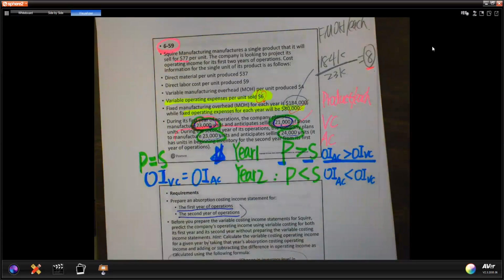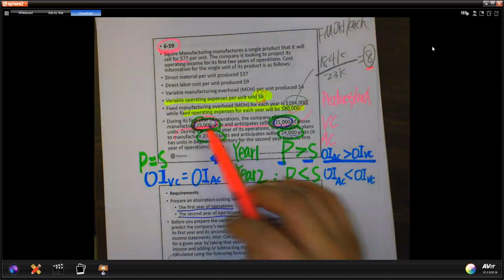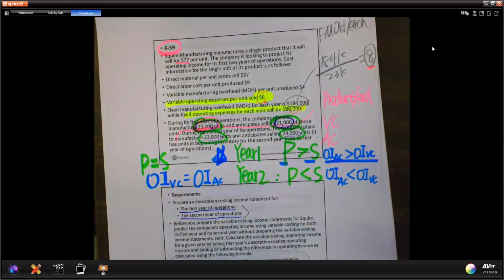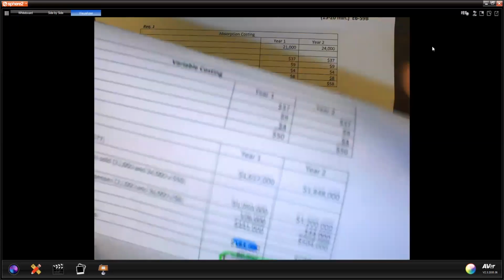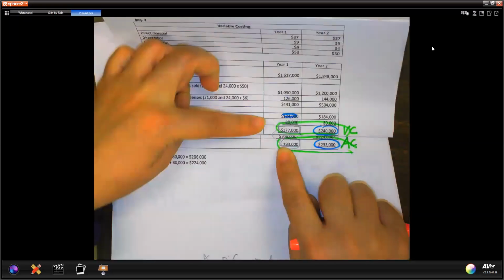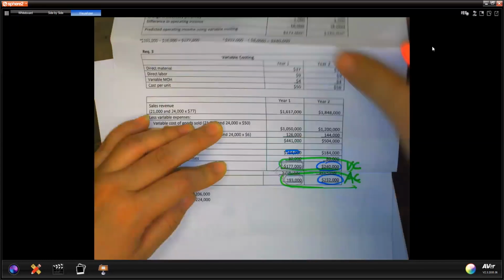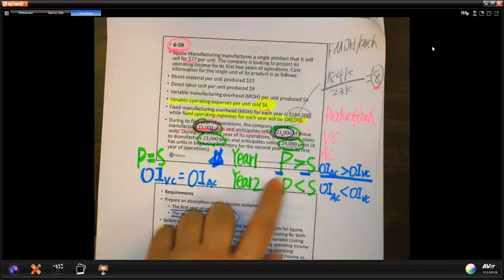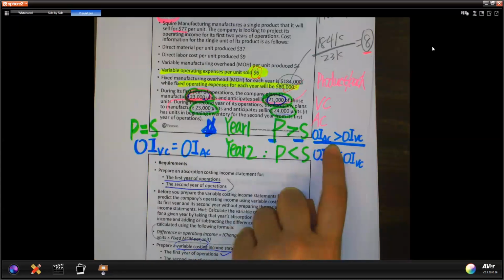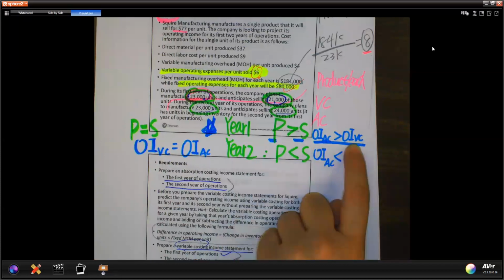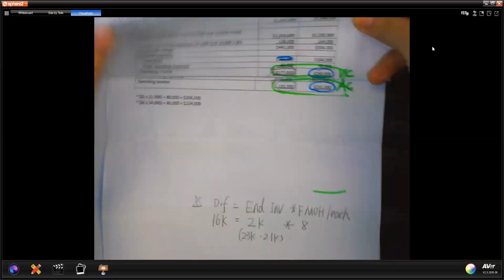You produced 23,000 but sold 21,000, so your production is more than sales. Your variable costing operating income is 177,000, but under absorption it is 193,000. So they are not the same. If your production is more than sales, operating income under absorption costing is higher than under variable costing. How much higher? How do I reconcile this?